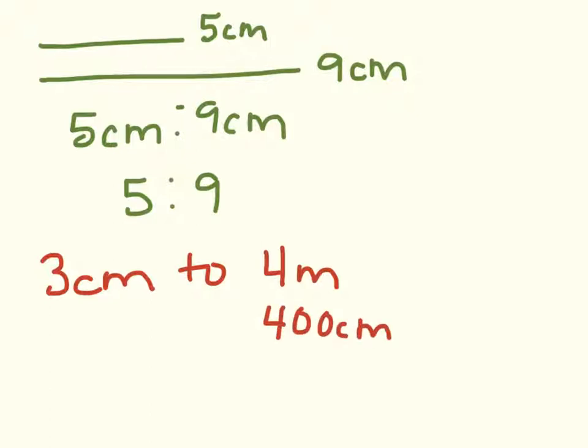Now, since both quantities are in the same units, we can write a ratio. So this would be 3 to 400. Remember, you cannot compare two quantities using a ratio if they cannot be expressed using the same unit. For example, you could not compare 3 centimeters, a length, to 4 kilograms, a weight, because they cannot be expressed in the same unit.